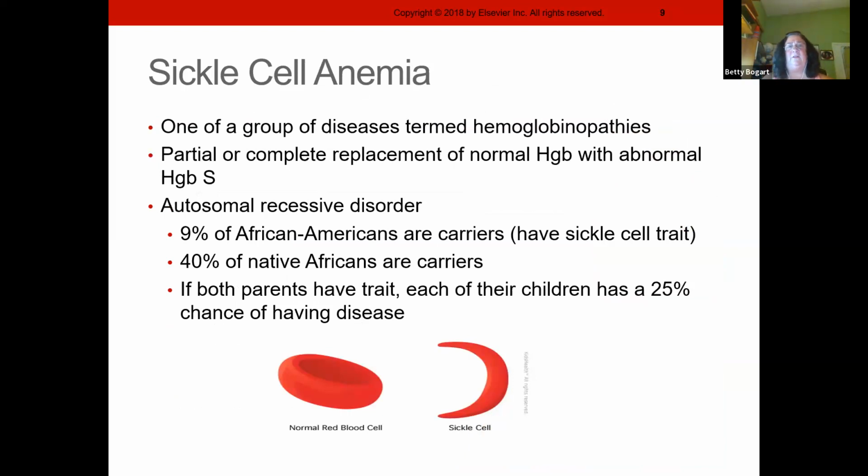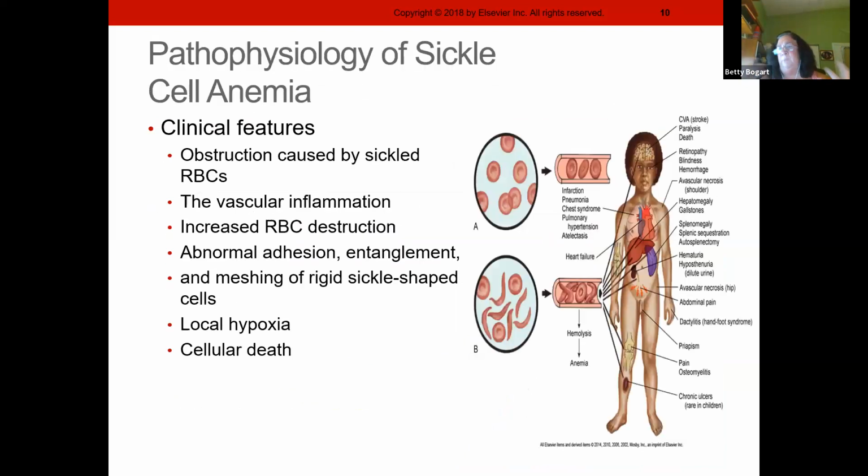So as I said, sickle cell is an autosomal recessive disorder. African Americans, Native Africans are your carriers. If you have two parents with the trait, 25% of the children born will have sickle cell. Now, let me explain sickle cell easily to you. Sickle cell has a shaped cell like a C, like a sickle.